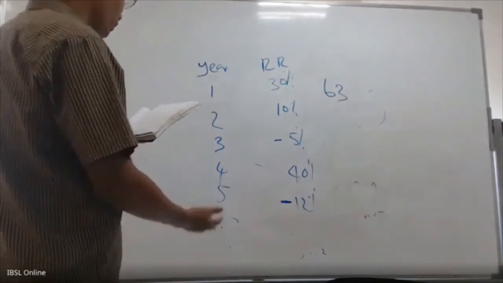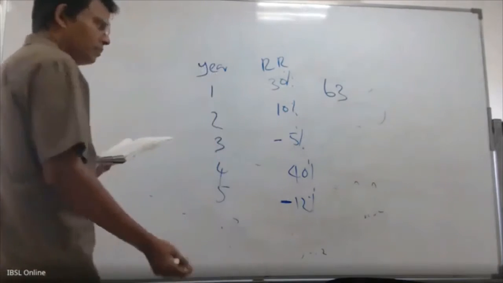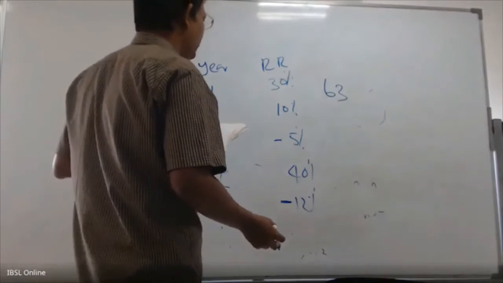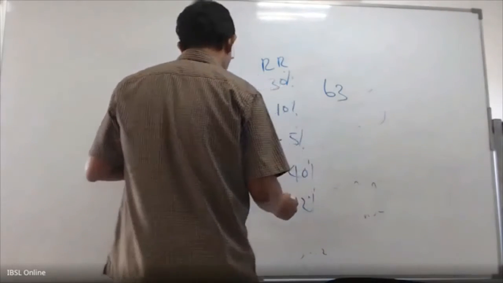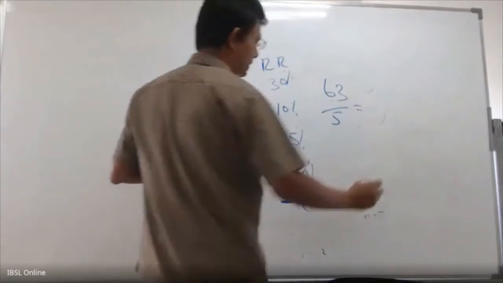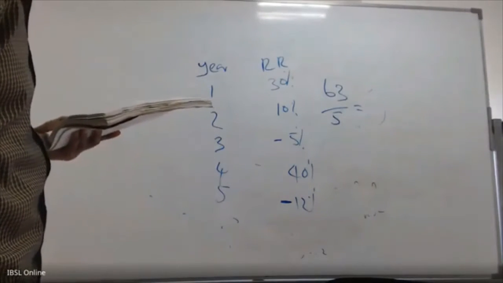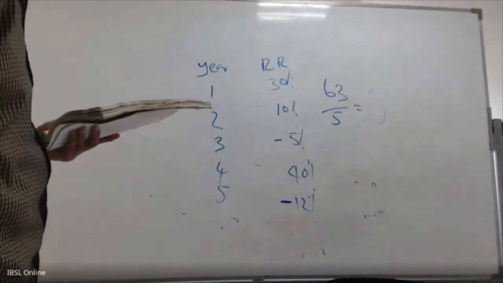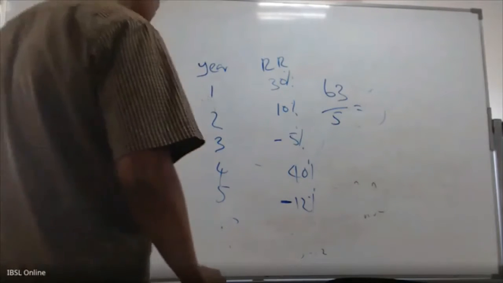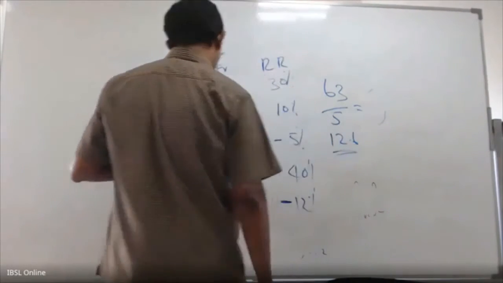This is the portfolio, Lanka Oil Company common stock. Divided by how much? 5. So 63 divided by 5. That is the mean. It's 12.6.